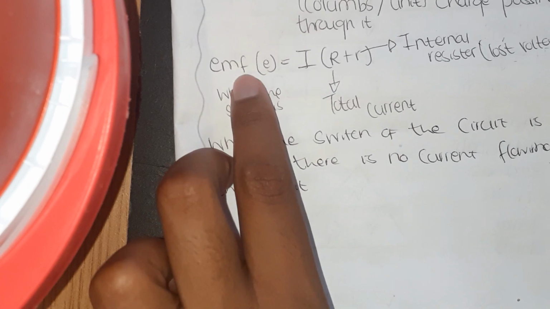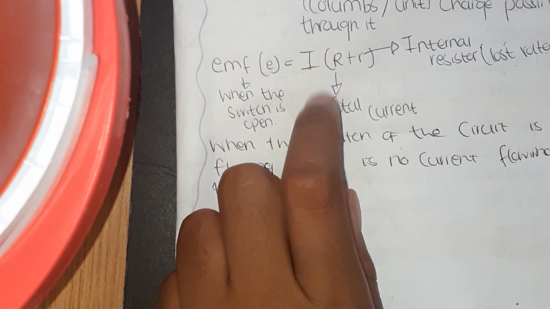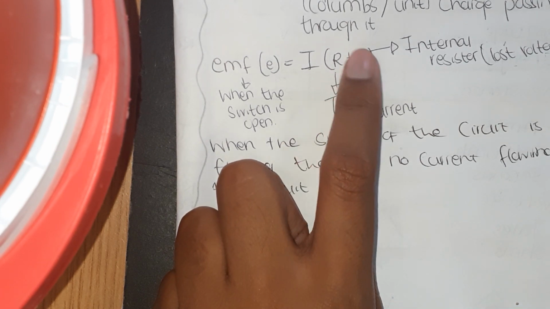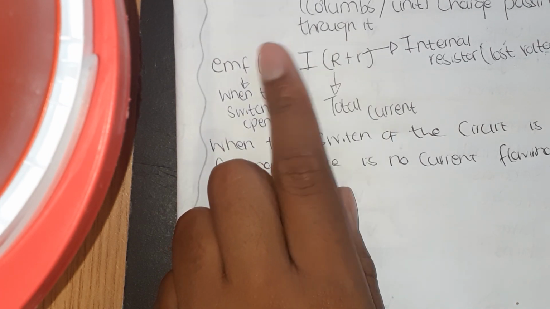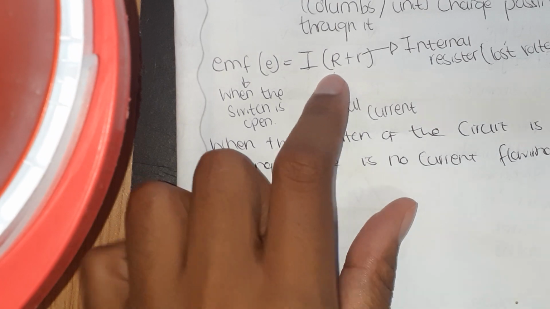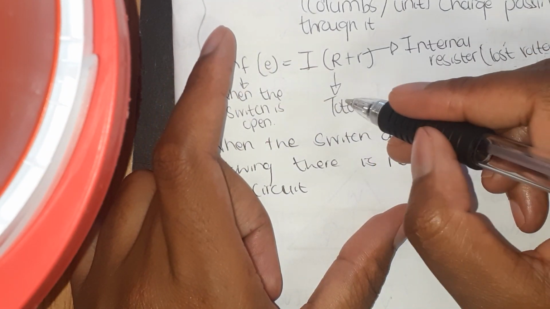So when you have the energy and you are looking for current, and you have internal resistor and the total current, you can do this.